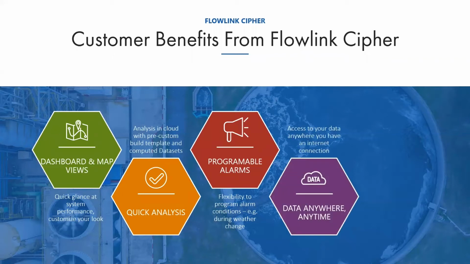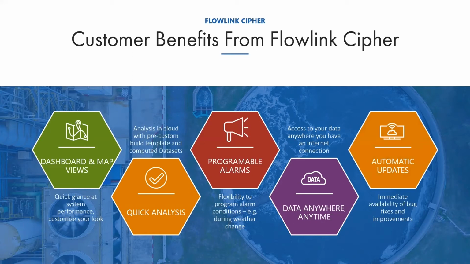Data anywhere, anytime. So now you don't have to have software located on your computer. Any computer that has access to the internet will now have access to Flowlink Cipher and your data. So very, very useful. Automatic updates. As I said, the program will continue to grow, evolve, and it's going to be dynamic.